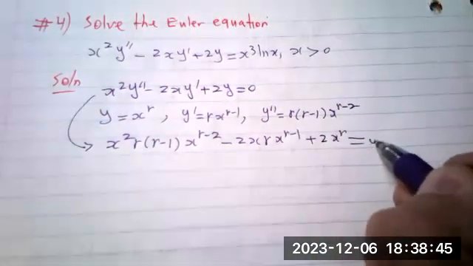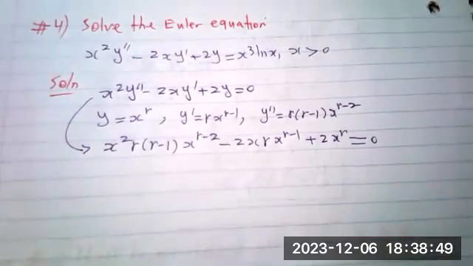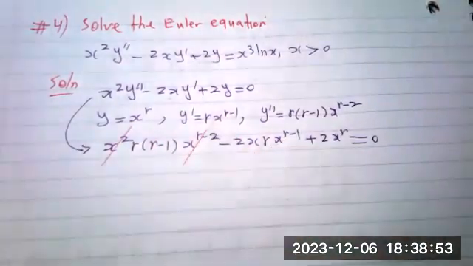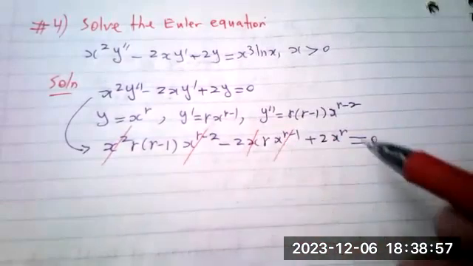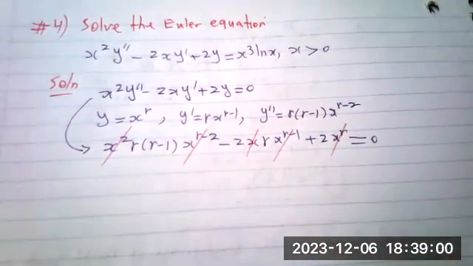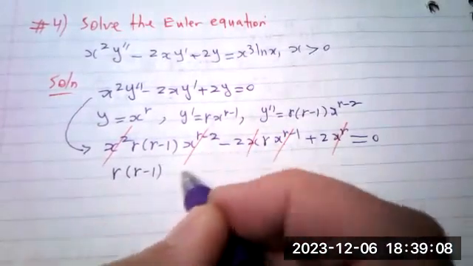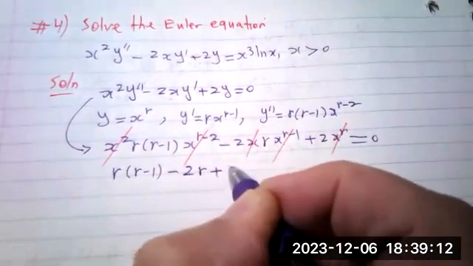You can forget about all the x's because they are all going to be x to the r. So these two would be x to the r, you divide by x to the r. These two would be x to the r. And this is x to the r. So the leftover is the characteristic equation: r times r minus 1 from the first part, minus 2r from the second one, and a positive 2 from the last one.